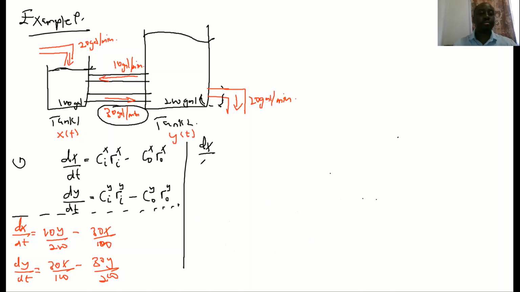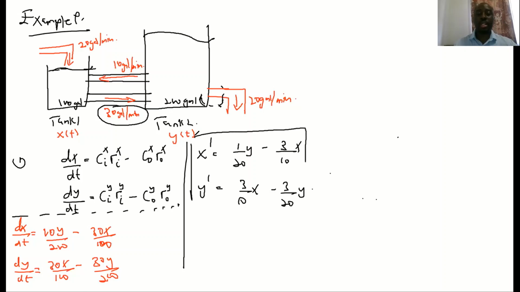Let me use x prime. X prime is going to be 1 over 20 y minus 3 over 10 x. Y prime will be 3 over 10 x minus 3 over 20 y. And so we can solve this system of linear equations for x of t and y of t, and that will tell us the amount of salt in both tanks at any point in time.